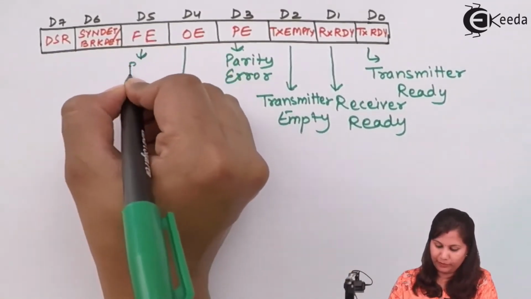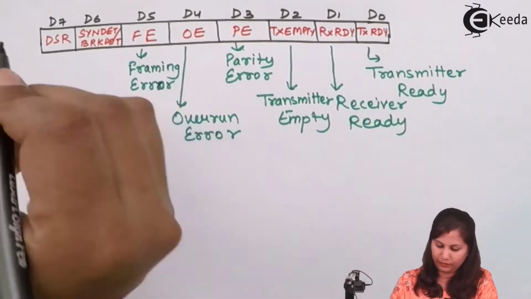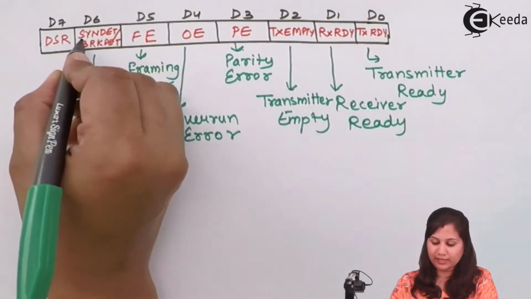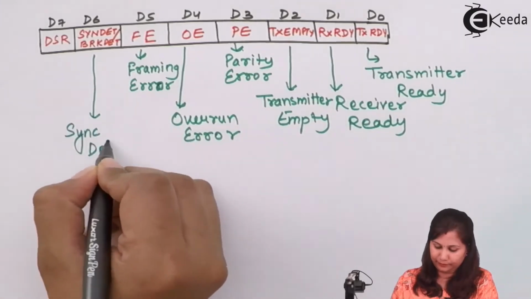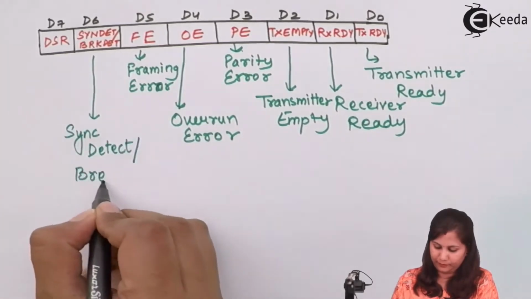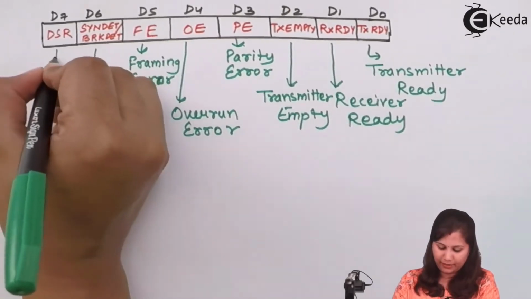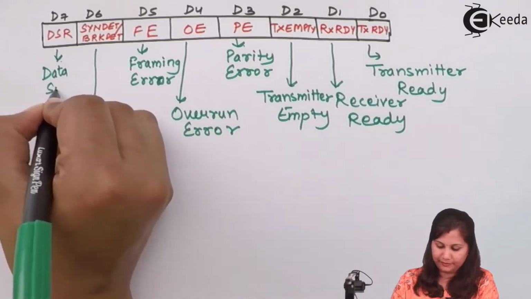FE is for framing error. SYNDET is for sync detect or break detect. DSR is for data set ready.